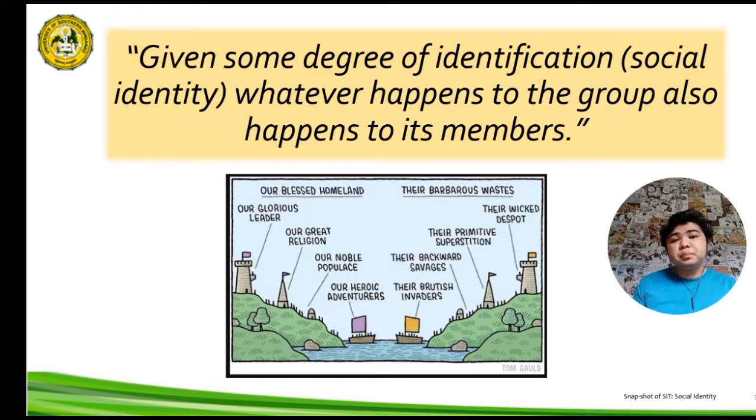In the other group, the them group, according to Henry Tajfel, we try to have some sort of discrimination toward the other group since we do not like them and they do not represent what we really want and what we are interested in. For example, the other group could be the introverted society, which is very opposite to extroverted. Extroverted people are known for being loud and outgoing, and introverted people are known for being reserved.